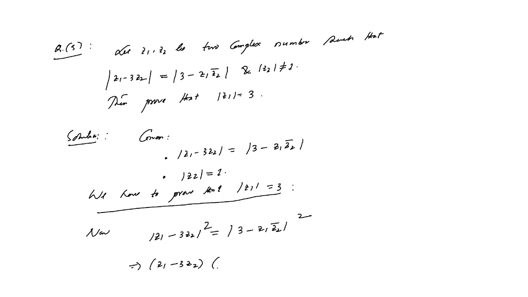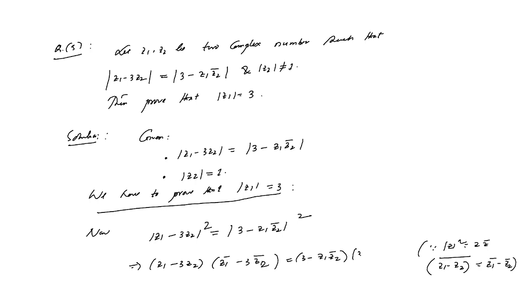Here we use the formula mod Z square equals Z times Z bar. Again, the conjugate of Z1 minus 3Z2 equals Z1 bar minus 3Z2 bar, using the property that the conjugate of a difference is the difference of conjugates. Similarly, 3 minus Z1 bar Z2. Here the conjugate of a conjugate gives back Z.